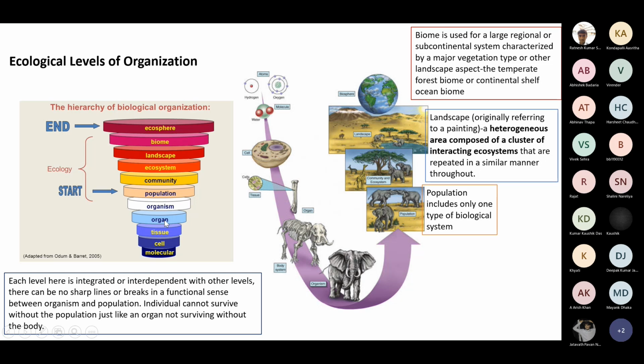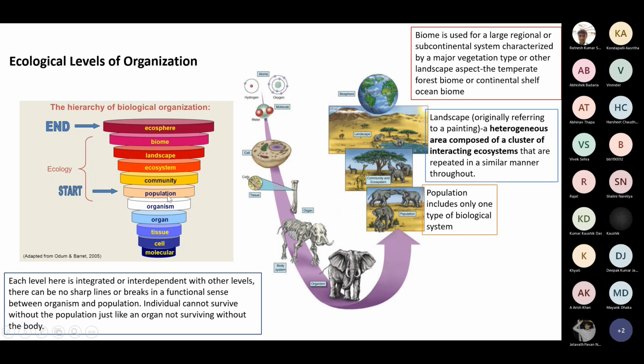For a higher system like man, the kidney is an organ, the liver is an organ, the heart is an organ. Different organs get together to make an organism. Different organisms come together to make what is called a population, which means the same type of organisms have come together.